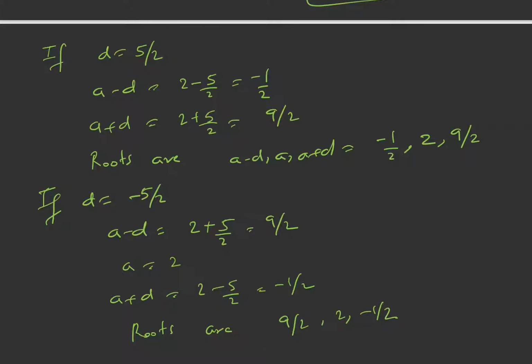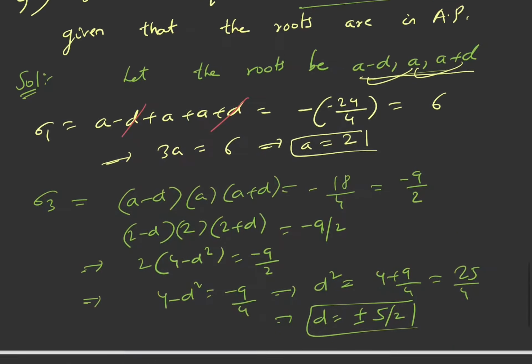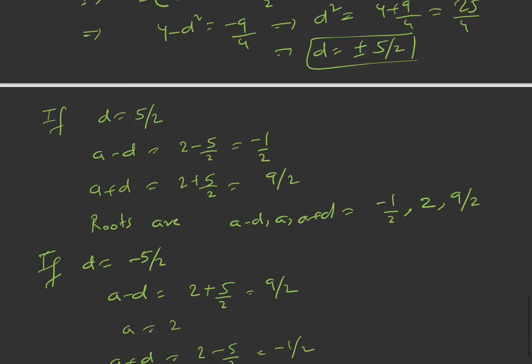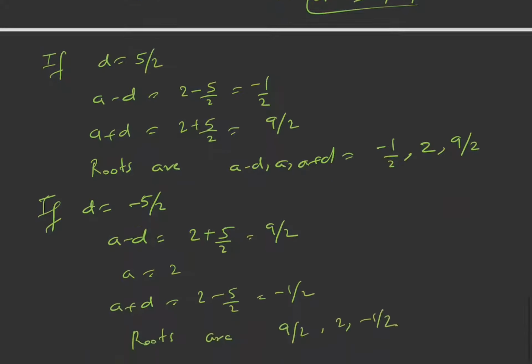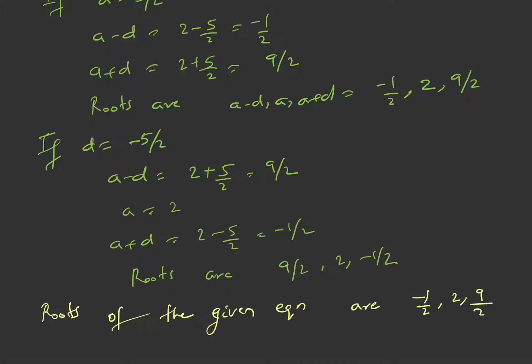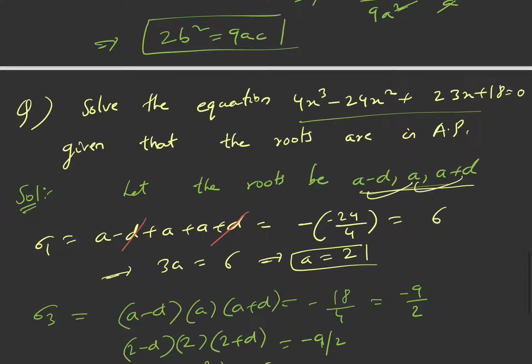It doesn't matter what is the value of d. So there are 3 roots of this equation, and they are minus 1 by 2, 2 and 9 by 2. So roots of the given equation are minus 1 by 2, 2 and 9 by 2, right?